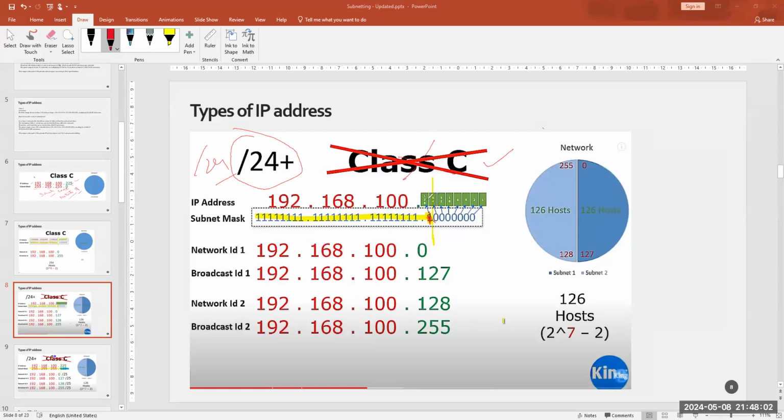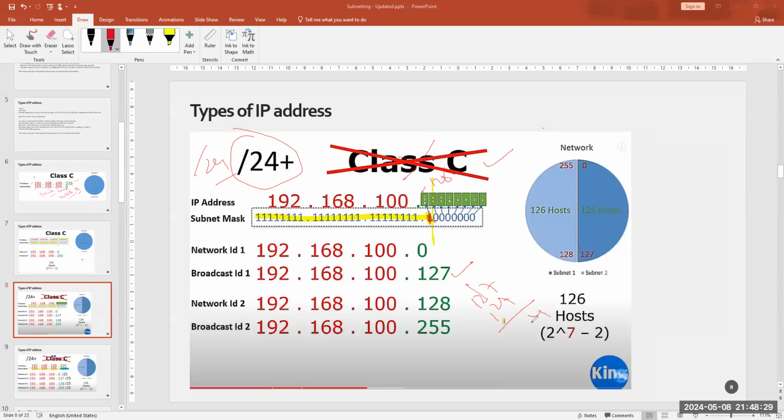If I'm borrowing one, this is at the block 128. So how many network IDs can I create? 2. Why? Because of 2 raised to the power 1. I will be adding my network IP address up to 127, and the broadcast should be 127.